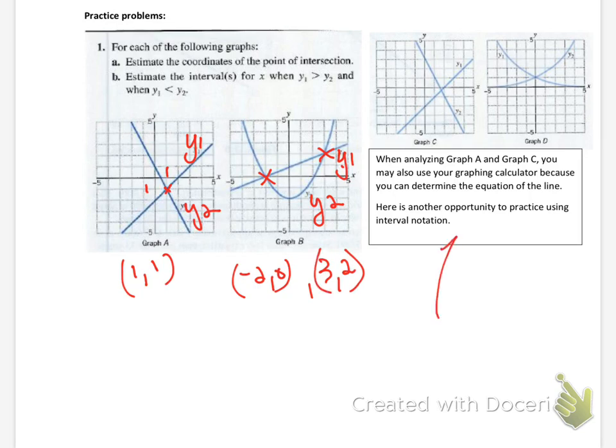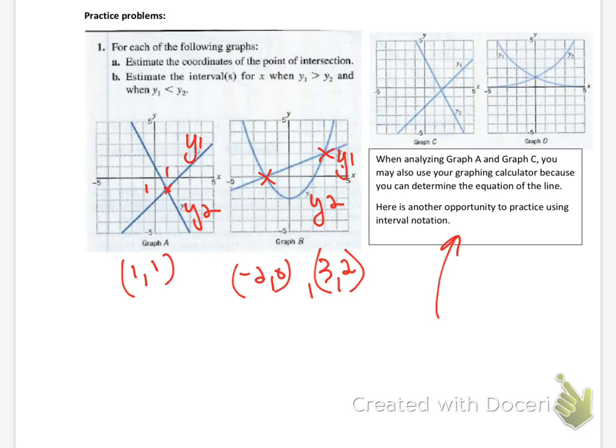Okay, in this little graph, we talk about that this is another opportunity to practice using interval notation. So you can denote where y2 is above y1, where y1 is above y2, and you can use interval notation to show all of that. So where they intersect, one is neither above the other.